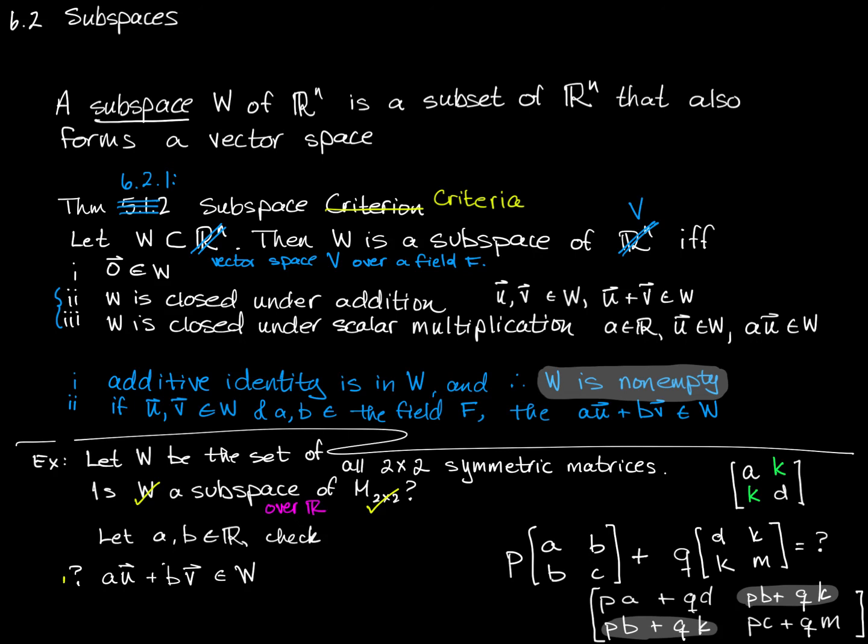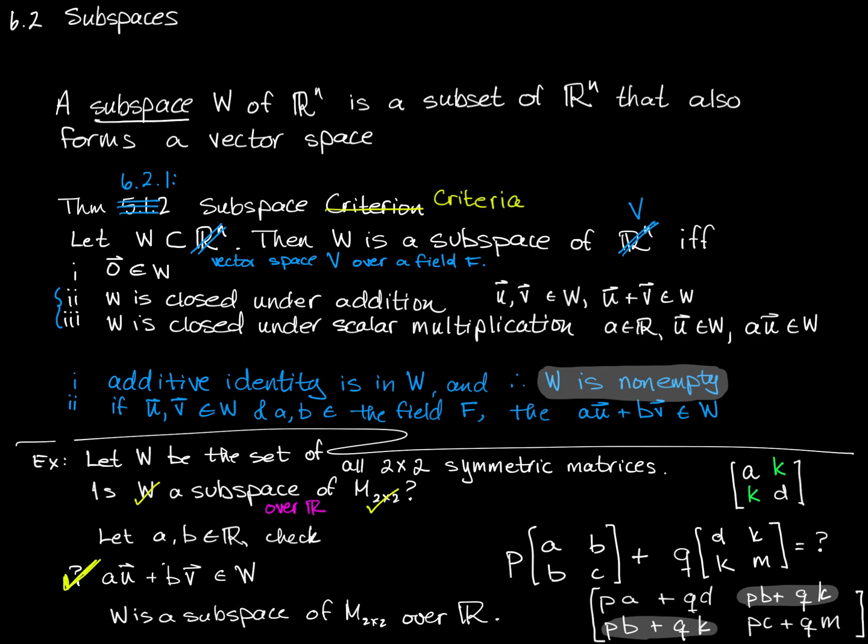So yes, in fact, AU plus BV for any A and B and any U and V is also in W. So that means that W is a subspace of M 2 by 2 over the real numbers.